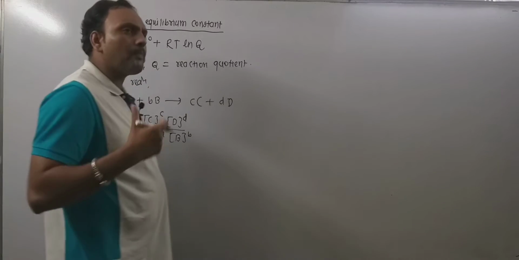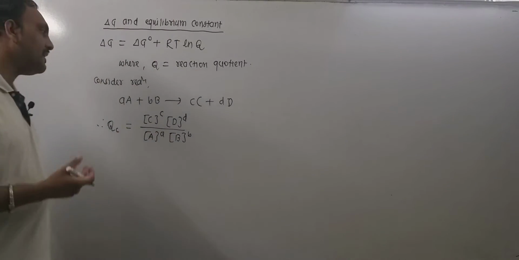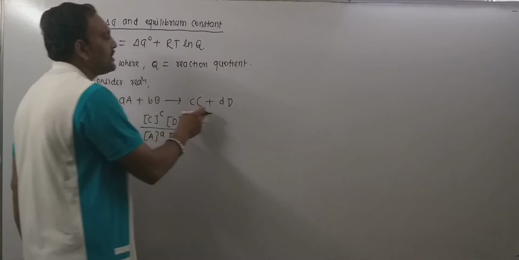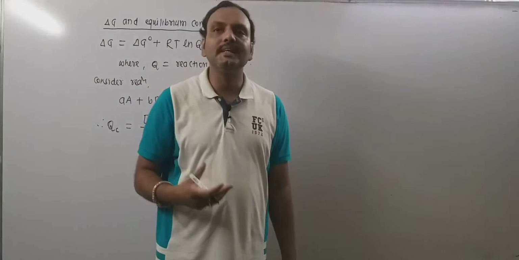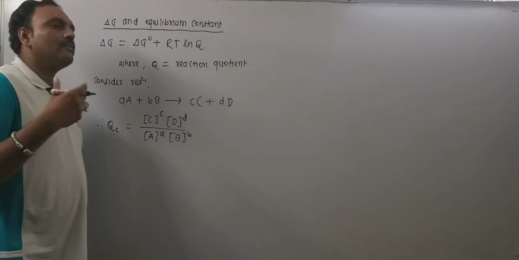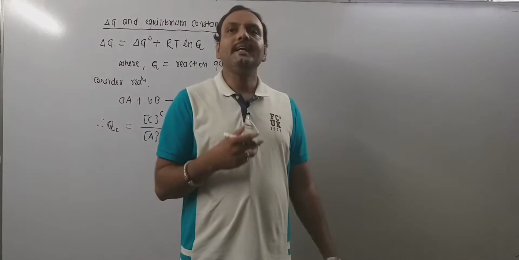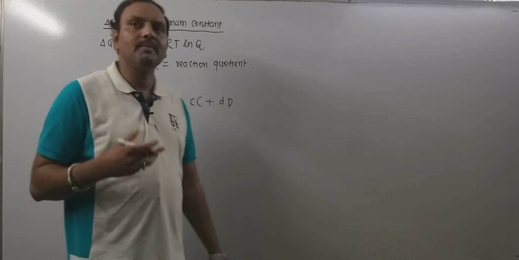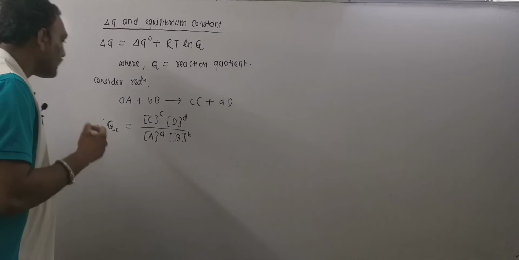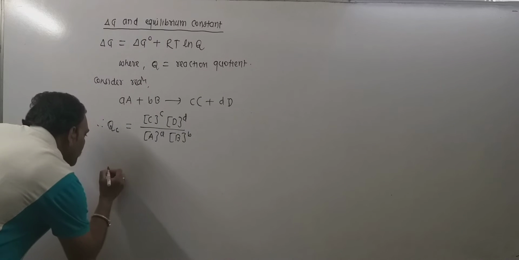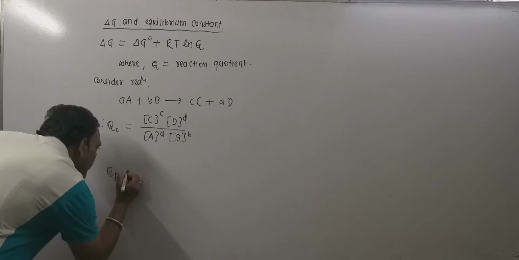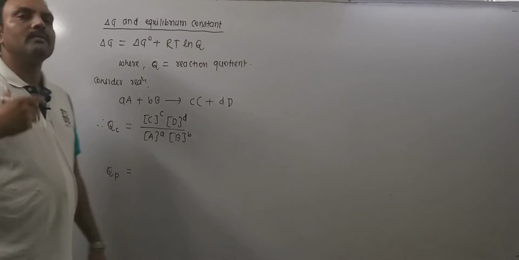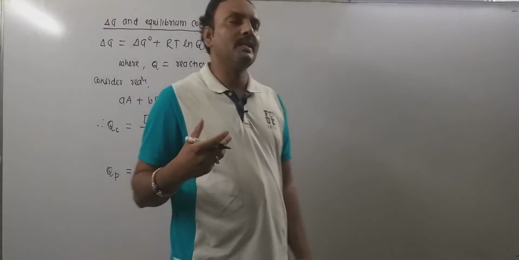Now suppose the ingredients in the reaction, A, B, C, D, are in the gaseous phase. If the ingredients involved in the chemical reaction are gases, then we need to take care of the partial pressures, and for that we write Qp, where the P subscript indicates pressure.